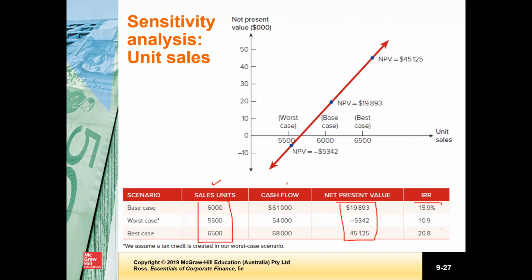Essentially, we should have a sensitivity analysis for each of the variables, for example, sales units, price per unit, variable cost per unit, and so on. We want to see to which variable the NPV is most sensitive. As I mentioned, we have to be careful when we estimate NPV based on our estimate of that variable.